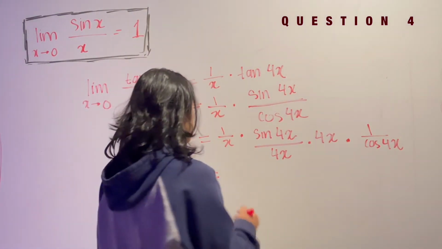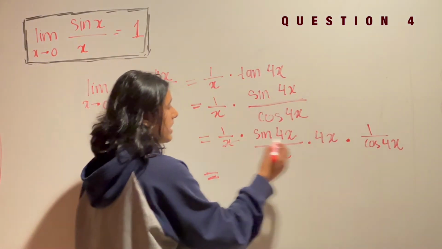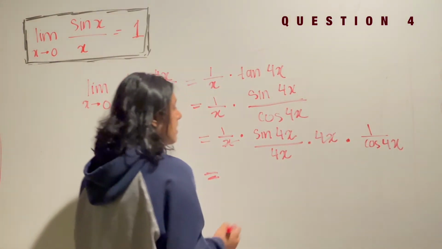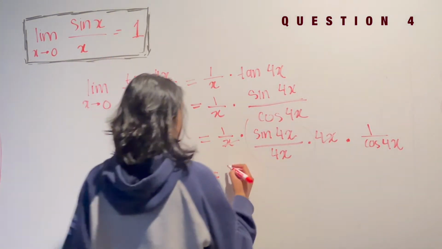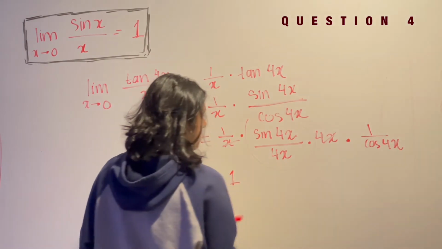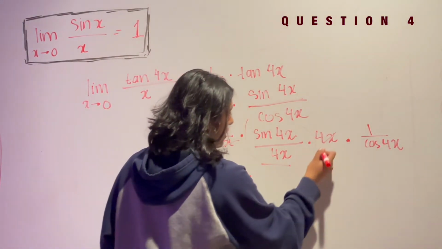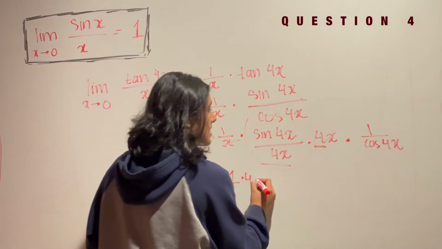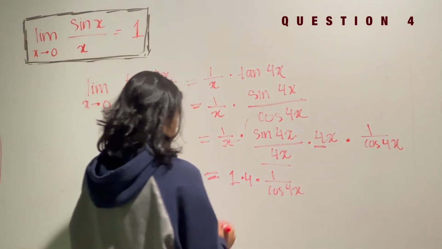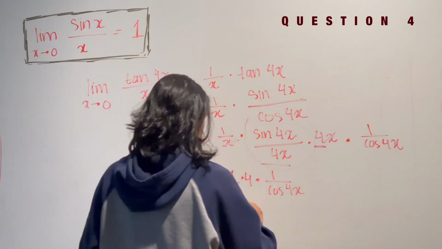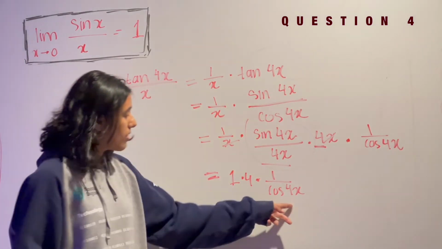Now, we can cross out the x, so x and x cross out. This is just 1, as we saw from our formula over here. This is simply 1. So 1 times 4, since this is 1 and we still have the 4 here, times 1 over cos 4x.